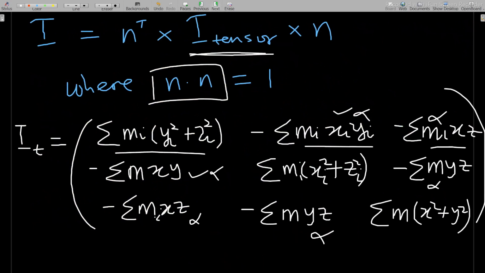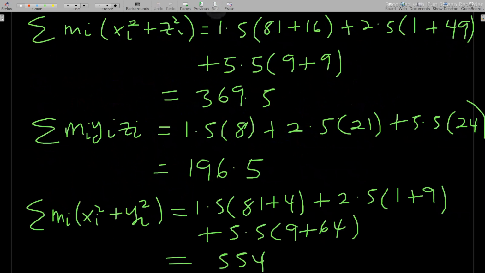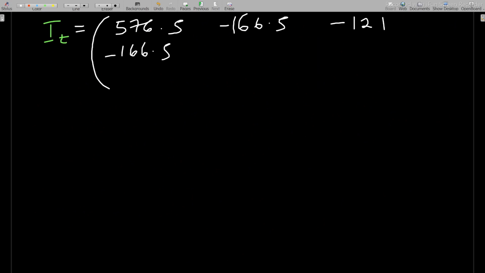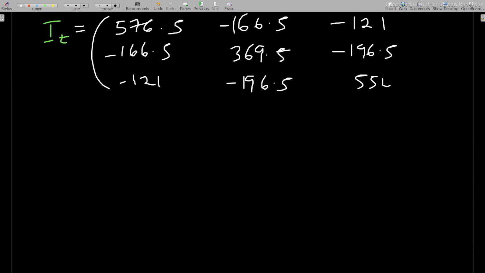All right, so we move ahead and go to our matrix, and the values that we got, for the first entry we had 576.5, and there is a minus in front of the second one, so 166.5. Then we have negative 121, negative 166.5, 369.5, negative 196.5. Then you have negative 121, negative 196.5, and 554, okay.